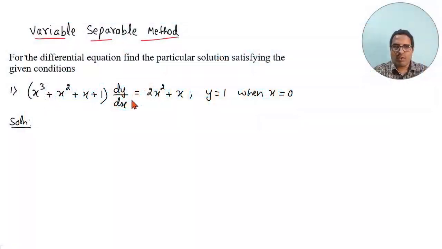For this given differential equation, we need to find the particular solution satisfying these two conditions. Let us try to separate the variables. Keeping dy as it is, all the other terms are in terms of x, so let us cross multiply dx to the other side.